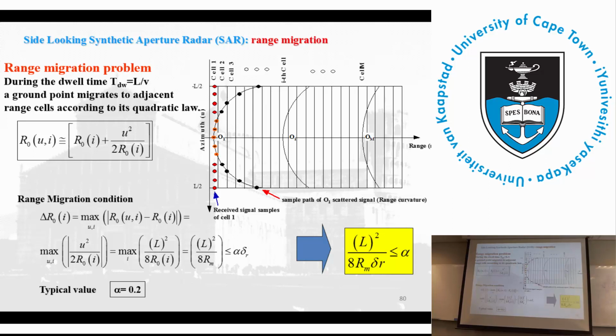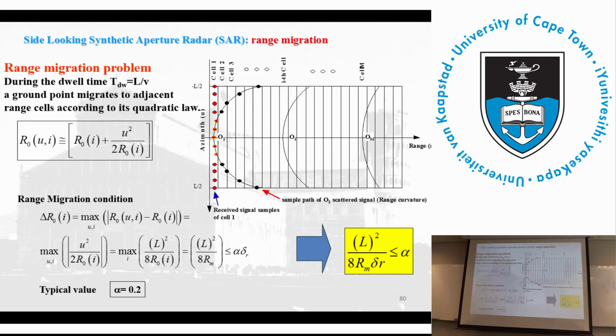only changes the position of your scatterer by 0.2 times the range. So 20%. That means you only allow 20% motion of this point within a range. Okay? So that's basically what this says. This distance here is the distance between this and there, right?